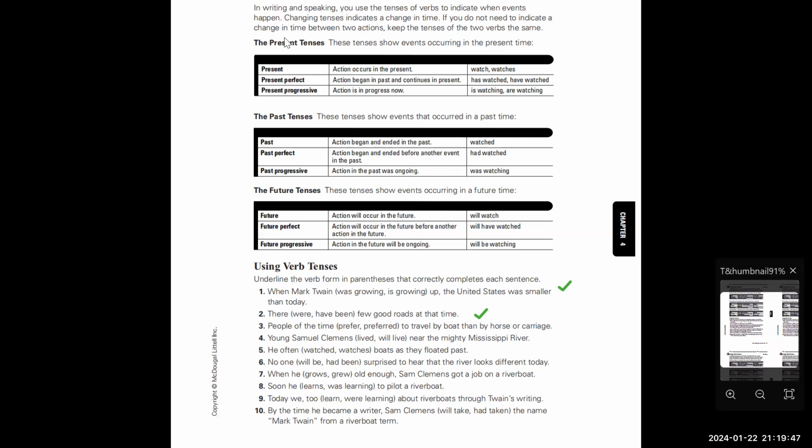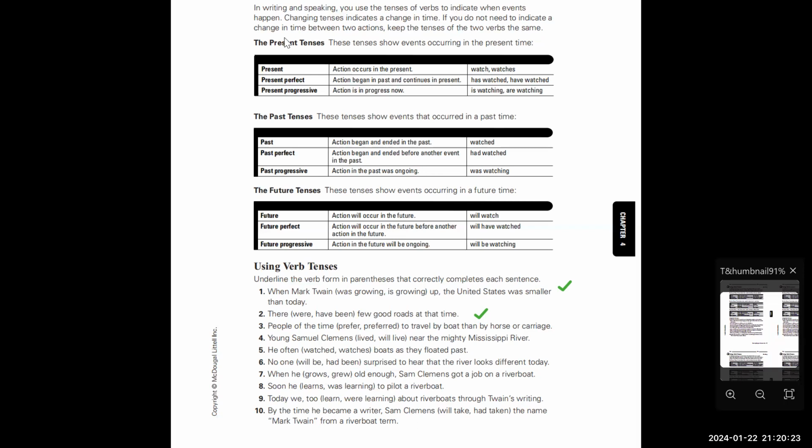Number 5. Just look for the clues or try to understand the sentence. "He often watched boats as they..." Not eating.